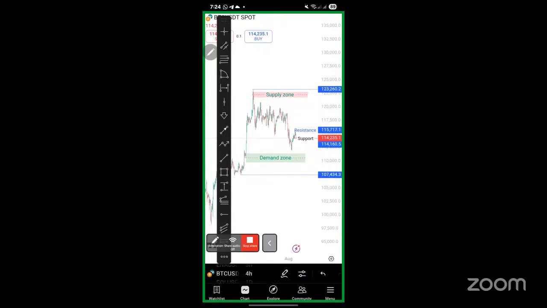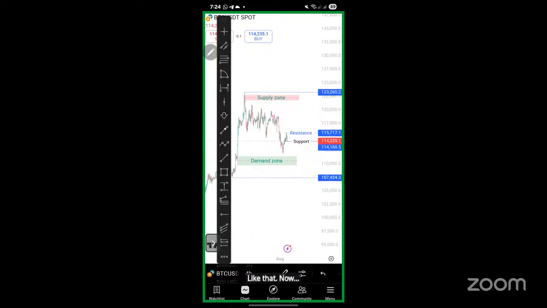Whenever price comes nearer here, I expect sales. And whenever price comes nearer here, I expect buys. When the price is within the middle, I may not know where it's going.